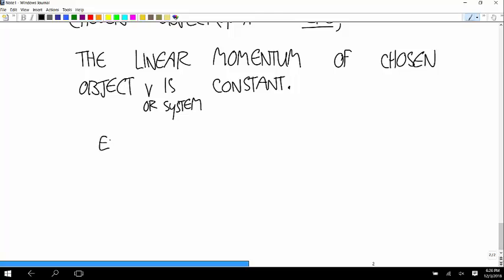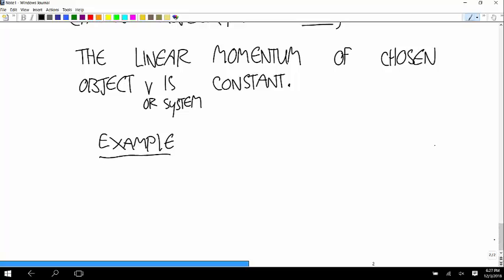So let me show you what this can do in terms of collisions. Let's say that we start with a train car of 10,000 kilograms with a velocity of 10 meters per second.